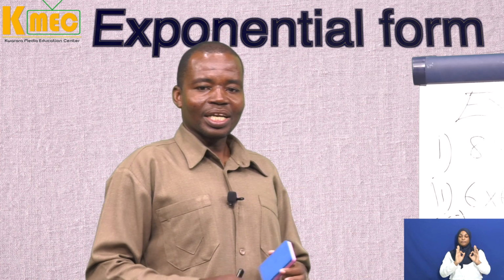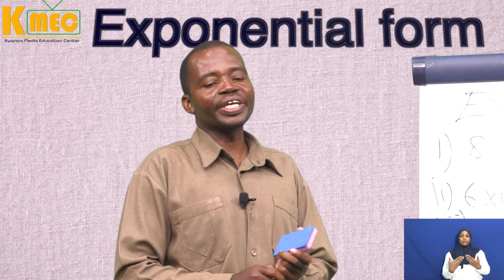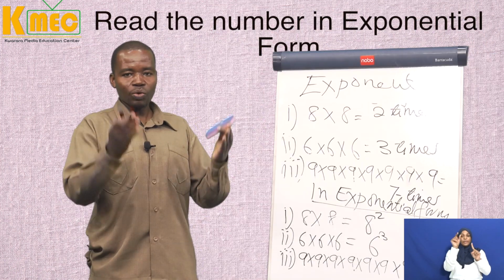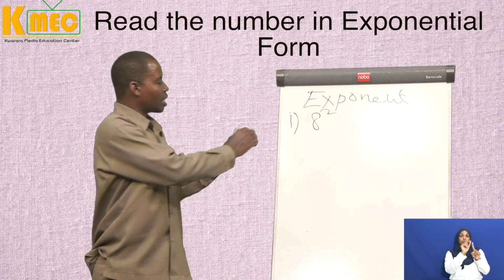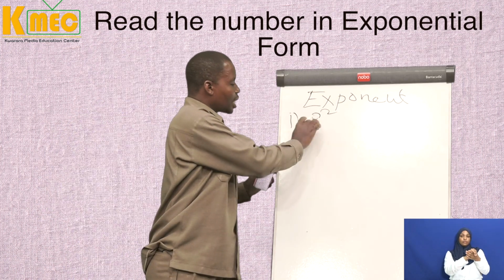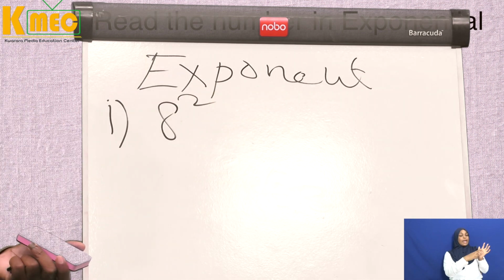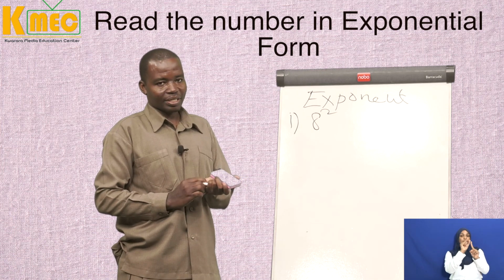So let's go on to see how we read a number in exponential form. How do we read them? It's very, very important. Here, example number 1, 8² is read as 8 exponent 2 or 8 squared.